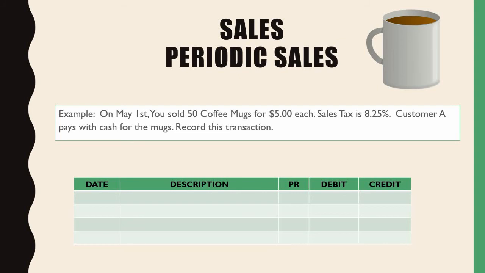So let's go ahead and think about how we're going to record this transaction. Exactly what we practiced from the previous section, I want to record my sales. So we're given cash, and we're given the sales, and we need to calculate the tax on there.